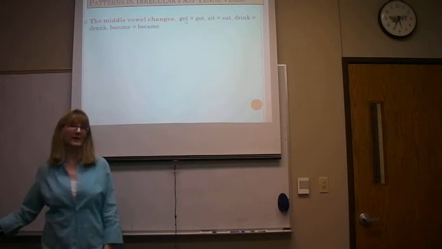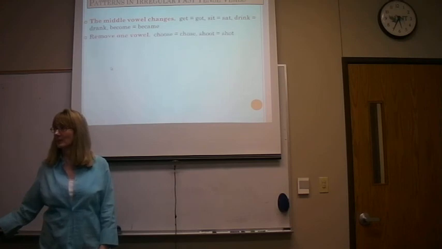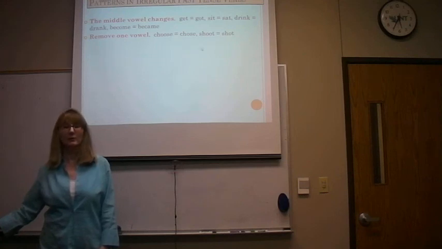Here in get we have an E, it changes to an O. In sit we have an I, it changes to an A in the past. Sometimes we remove one vowel. Choose has two O's, but we take one of the O's out and we get chose. The same thing with shoot and shot.